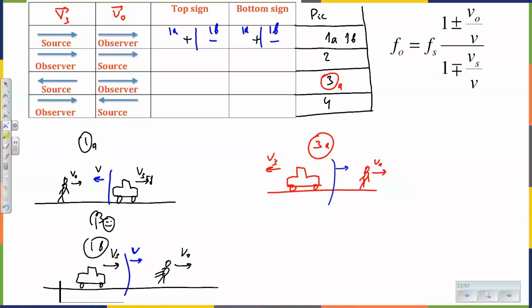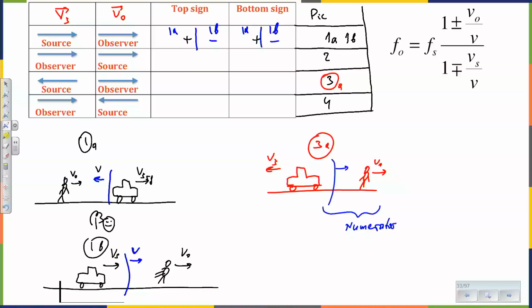So the numerator is related to the relative motion between the fronts and observer. Now, here we have to make a choice, a plus or a minus. What do you think?